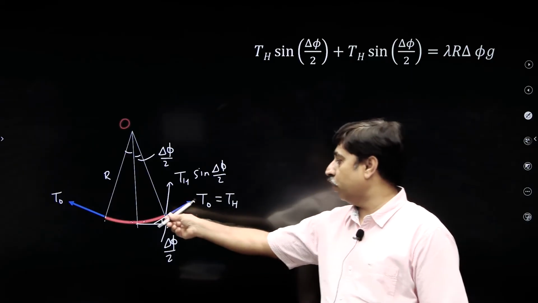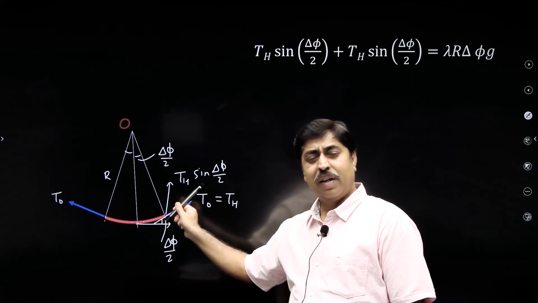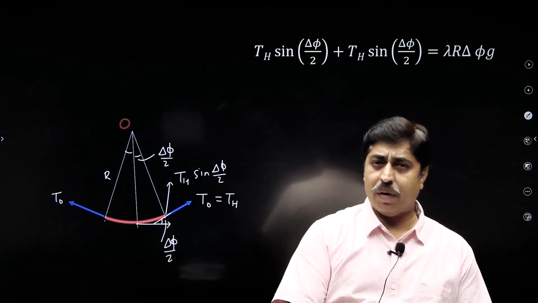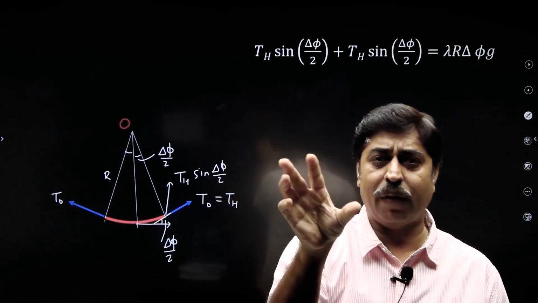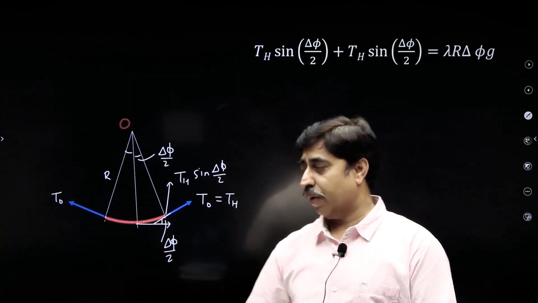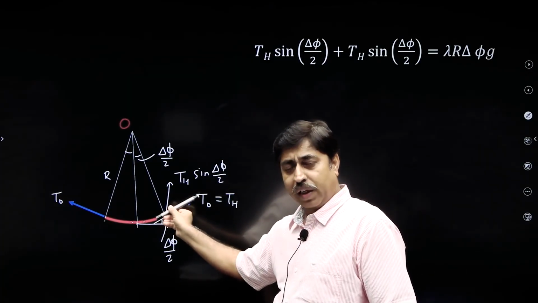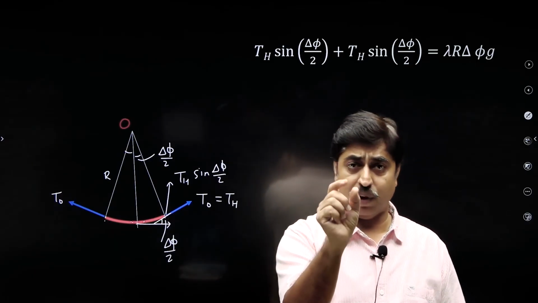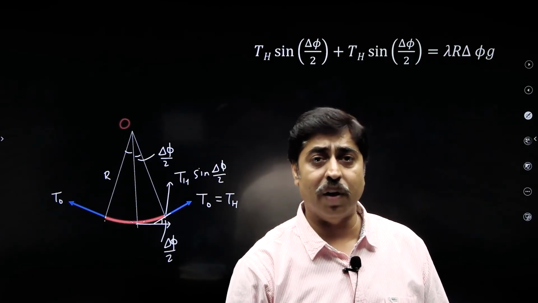So the horizontal component exactly is T naught cos of delta phi by 2. But delta phi being small, cos of delta phi by 2 is almost 1. The horizontal tension is T naught cos of delta phi by 2, but delta phi by 2 is very small, so cos delta phi by 2 is nearly 1.